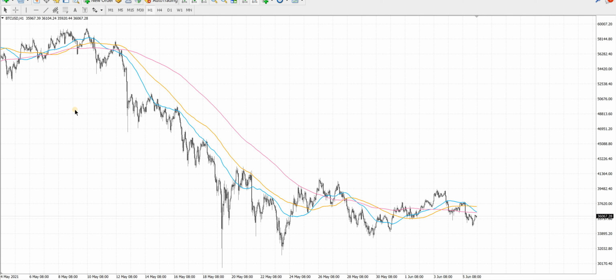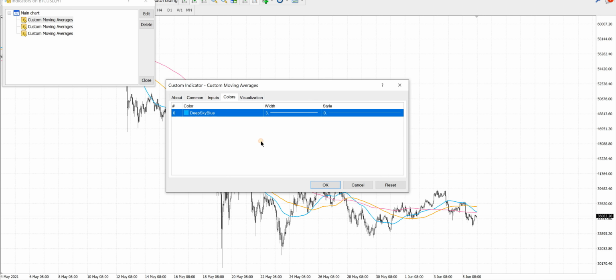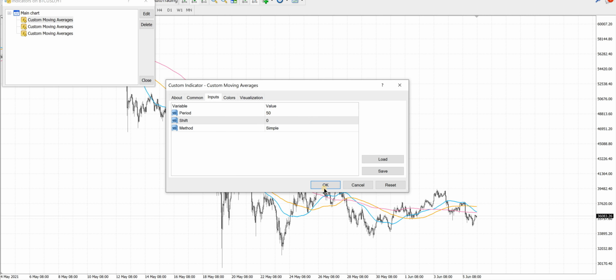My strategy uses a combination of patterns and three very specific moving averages. These moving averages, you can put them in your chart. They are simple moving averages based on close. The first one, the blue one, has a period of 50.